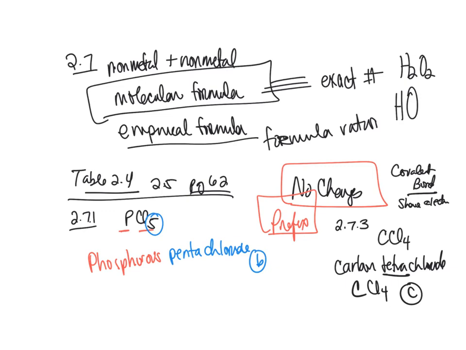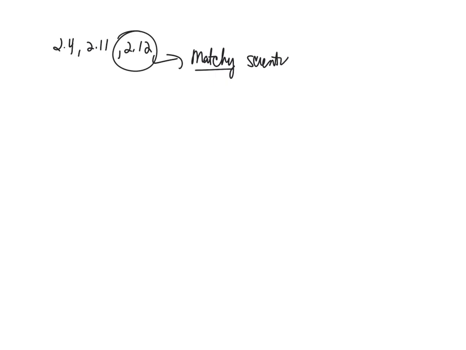At this point, looking at your extra problems in the back, I asked you to do 2.4, 2.11 and 2.12. I will probably ask you to do some kind of matching multiple choice with the scientists and their experiments. That's probably the most important one there, so you can do that.